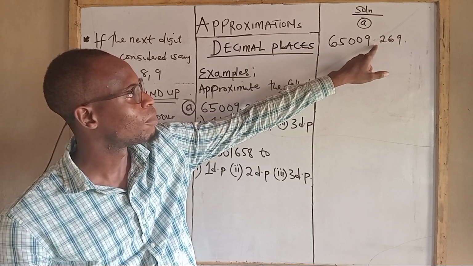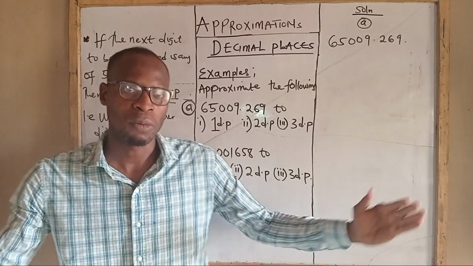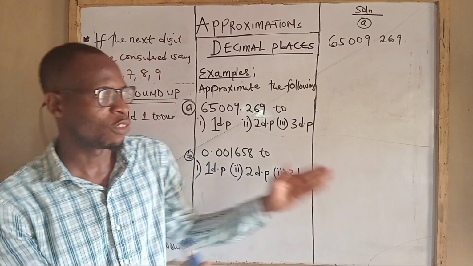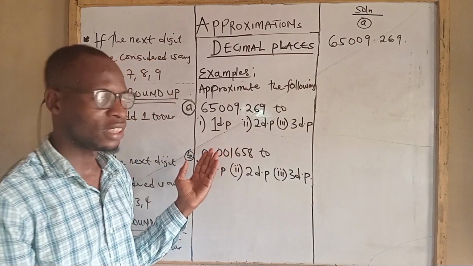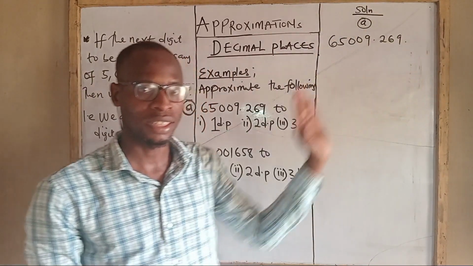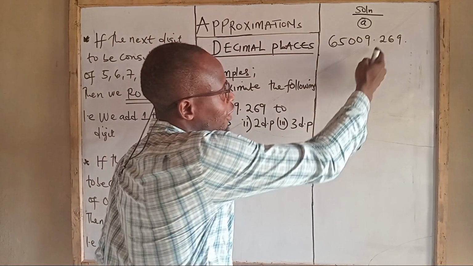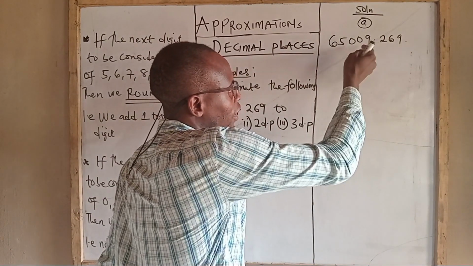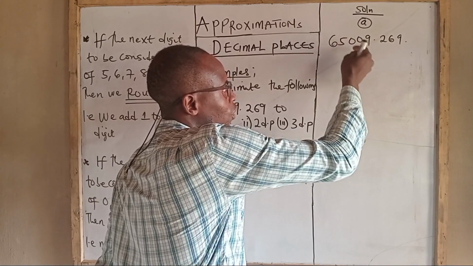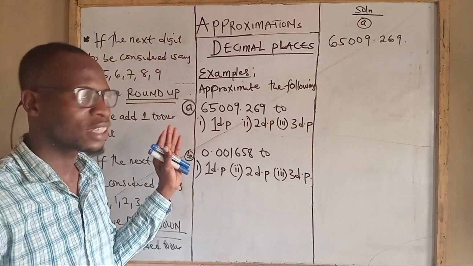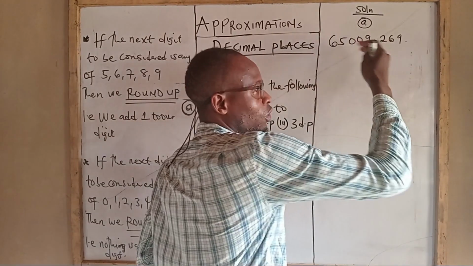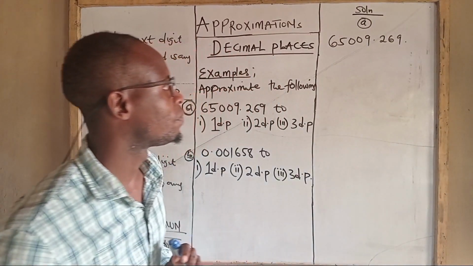Always see this decimal point as a separation between two sets of numbers, where one set is on the left hand side and another set is on the right hand side. So if you consider this as a separation, 65009 will be considered to be on the left hand side, and 269 will be considered to be on the right hand side. Good.